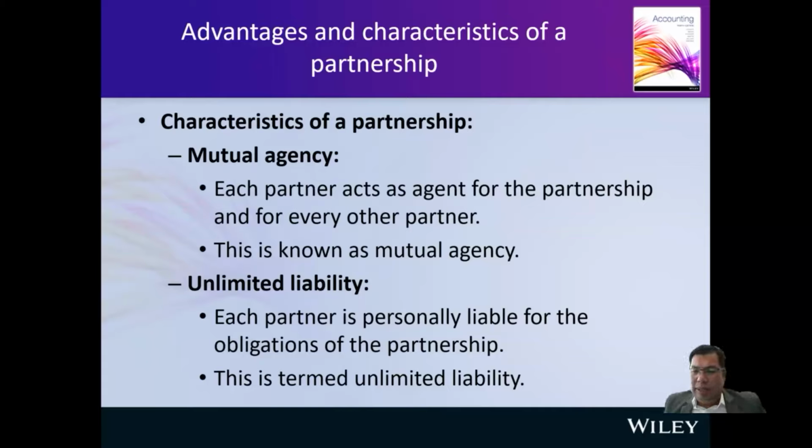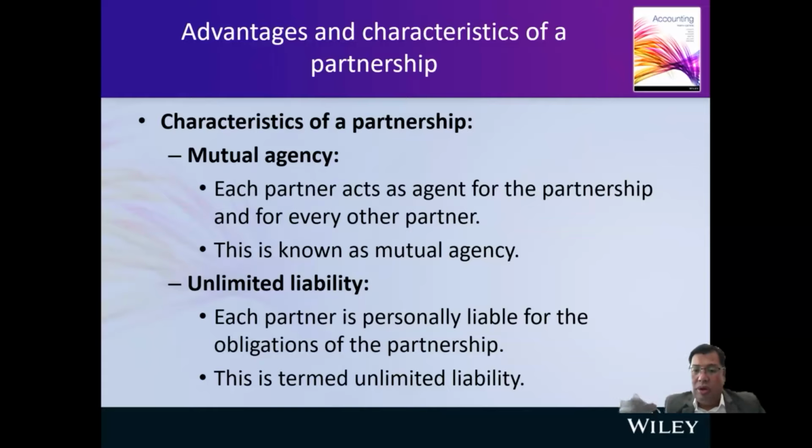Second is unlimited liability. Liability is obligation. Unlimited means the partner's liability is not limited to the amount contributed by them. If, for example, partner A contributed 100,000 to the business, his liability is not up to the 100,000.